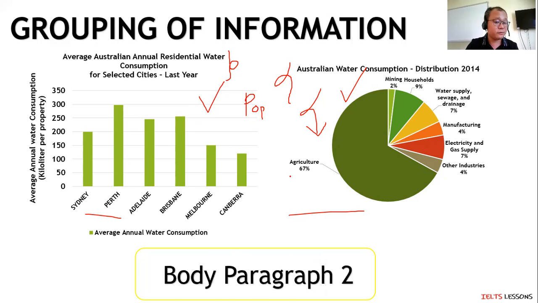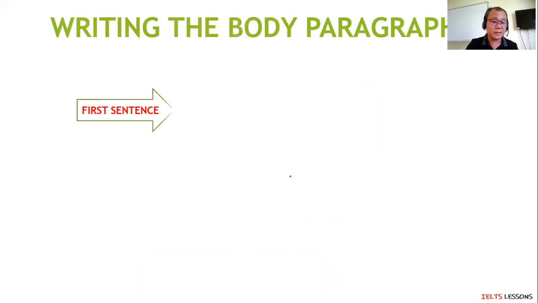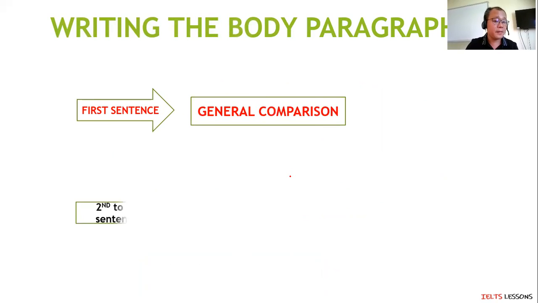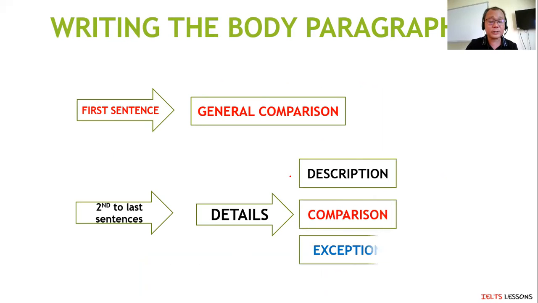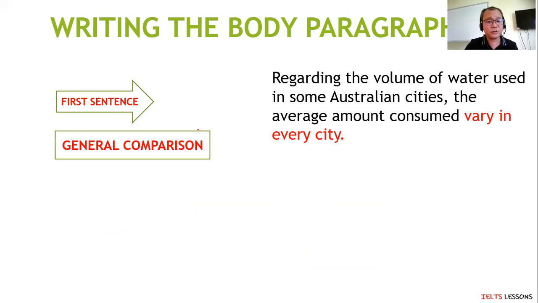So let's review before we have a short break. Let's review how to write a body paragraph. Please don't forget that your body paragraph should have a general comparison in your first sentence. I've checked your essays, and yes, you have maintained that first sentence general comparison, and the second to the last sentence gives details.